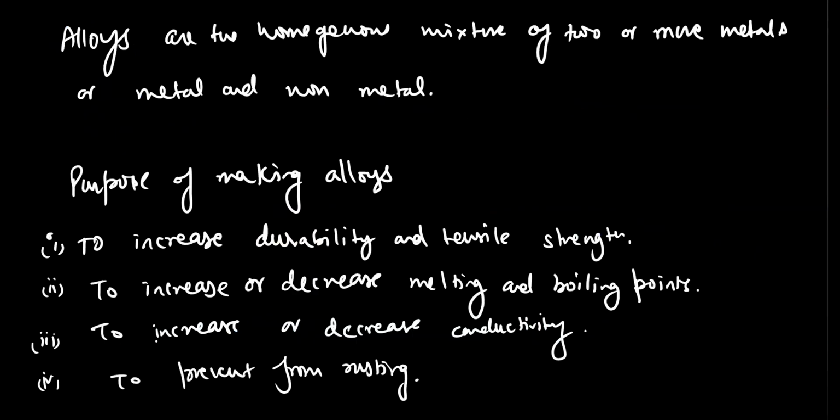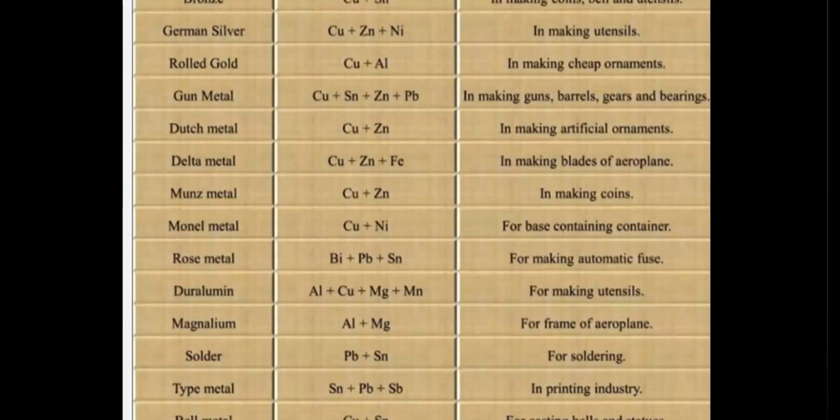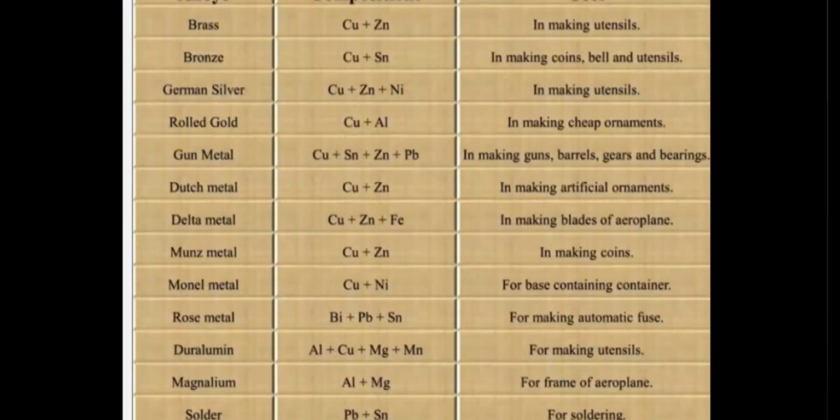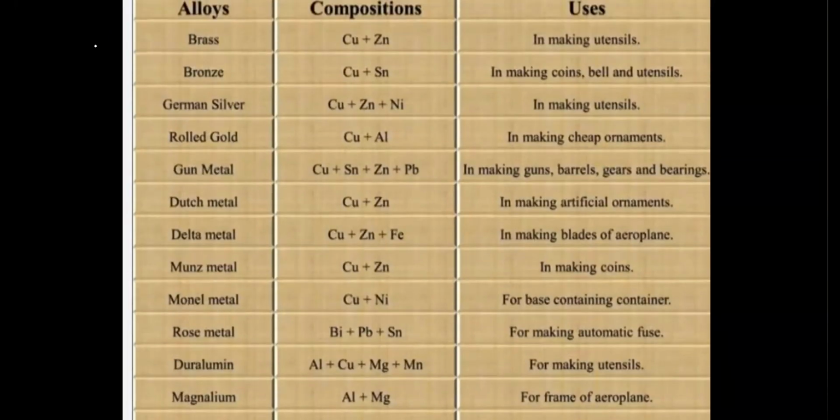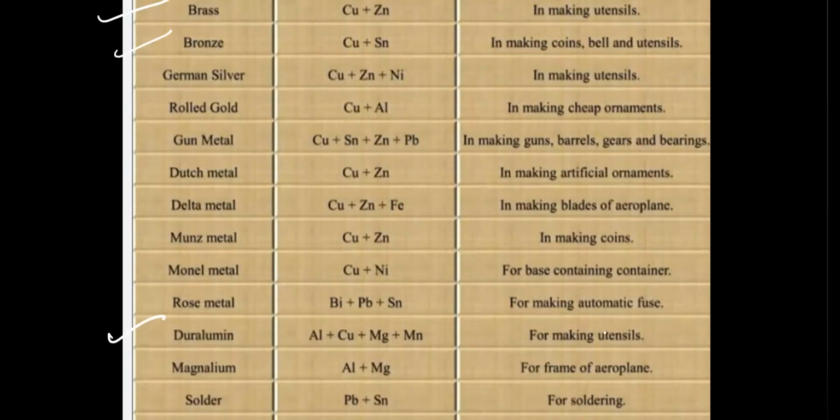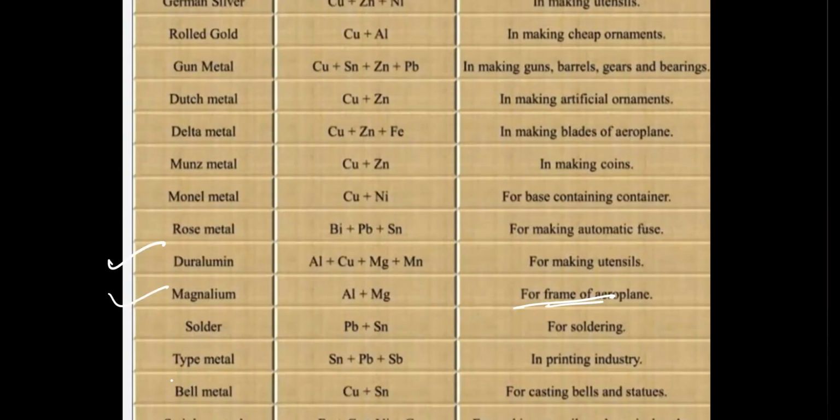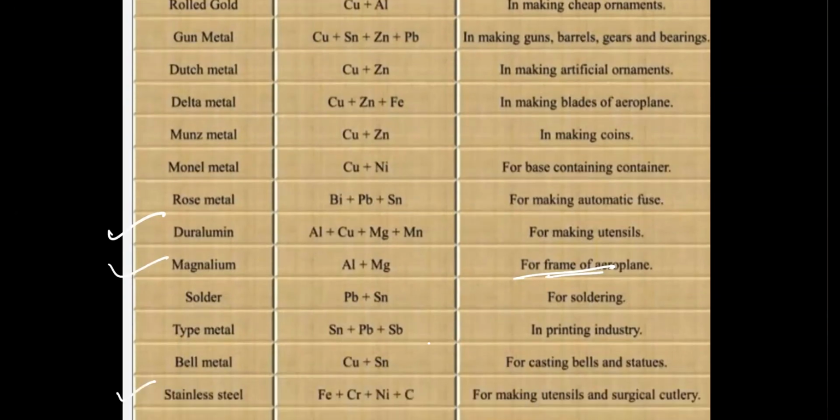So this is the table that I have made here. You don't need to write each and every one, just write the important ones: the constituents of brass, bronze, duraluminum, which is used for making utensils, magnesium, which is used for making aircraft, and stainless steel.